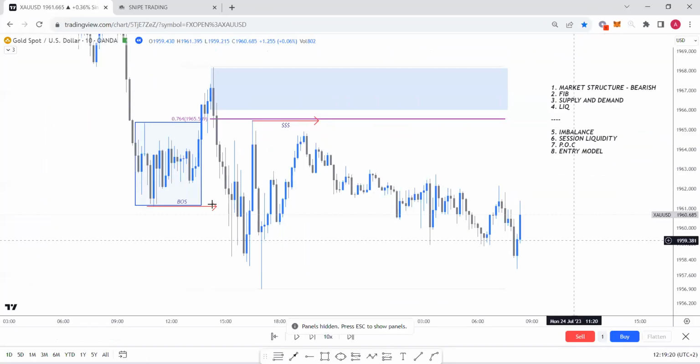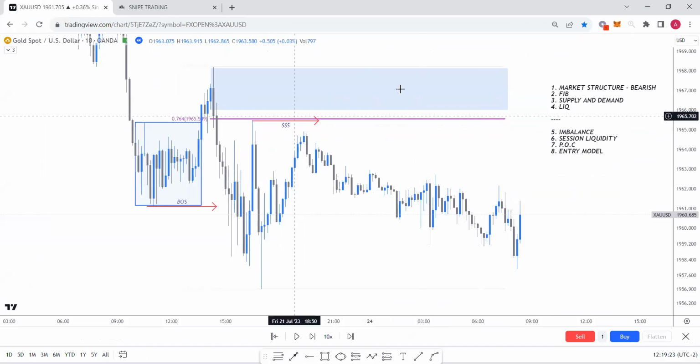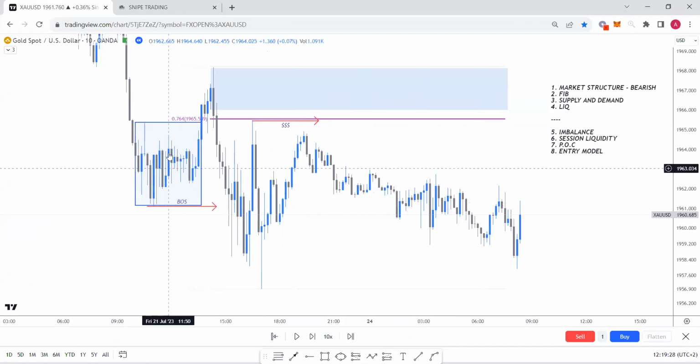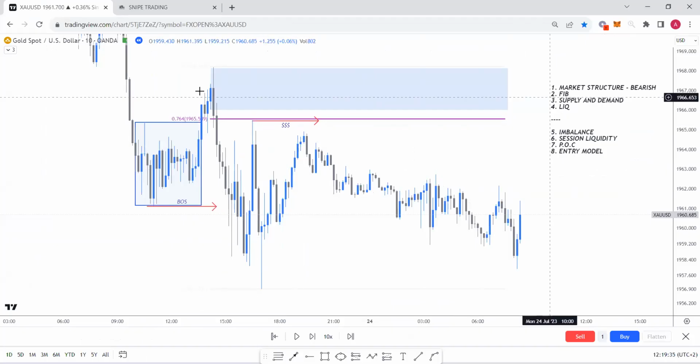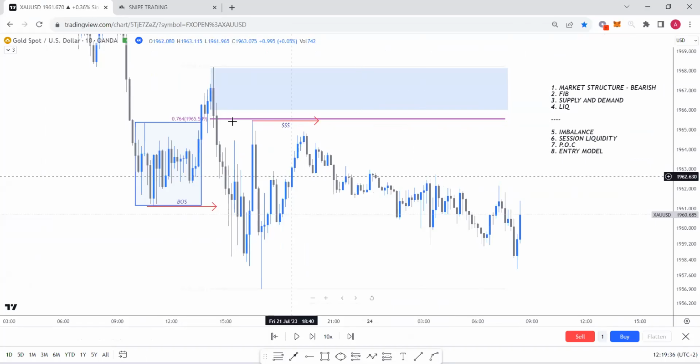So right now, we have the first 4 main confluences marked out. Market structure, bearish: we have this break of structure. We have this consolidation, which was manipulated and then broken to the downside. We have our FIB from the high to the low, which gives us our premium area from this point to this point.